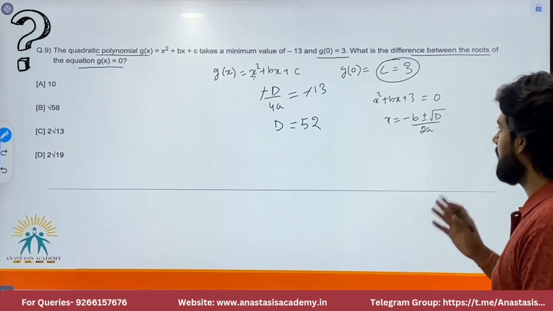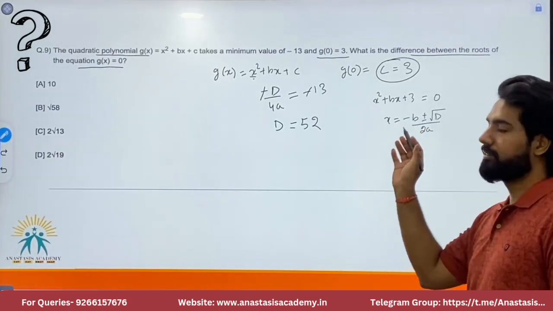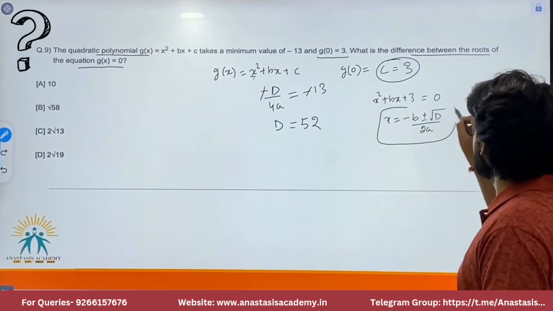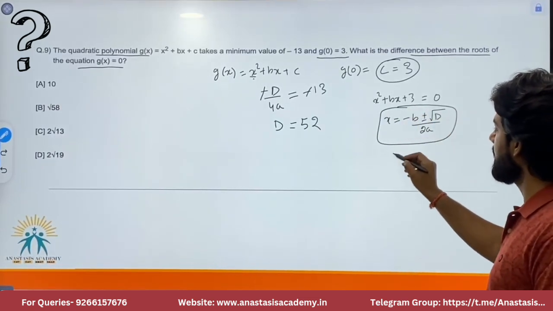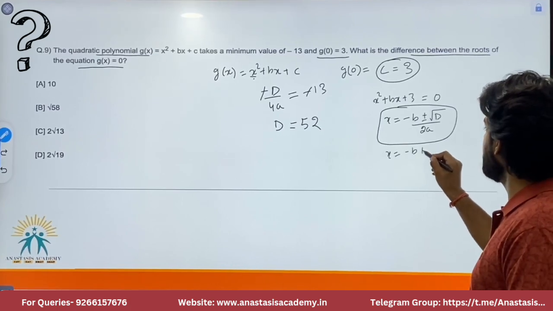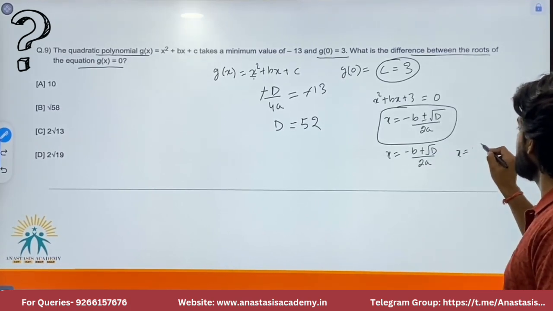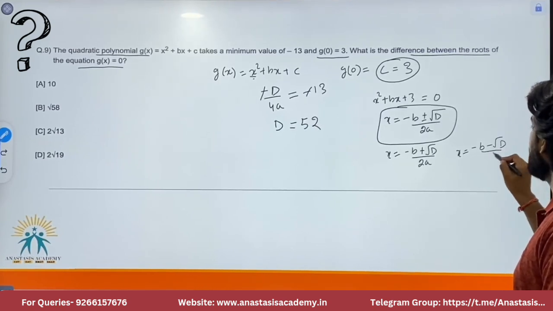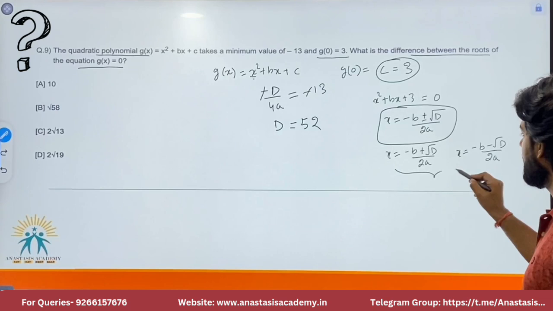For any quadratic equation, the roots can be given by this formula. This is the quadratic formula. So for any quadratic equation, there are two roots, minus b plus root D by 2a, and the second root is minus b minus root D by 2a. And I need to get the difference of these two roots.